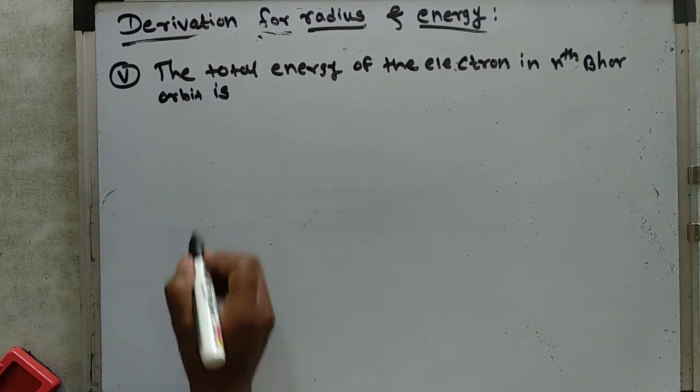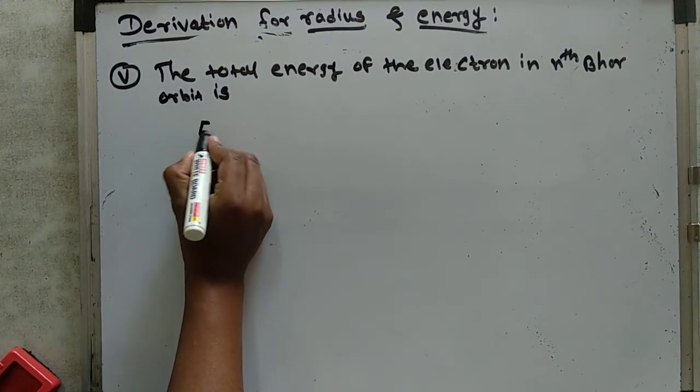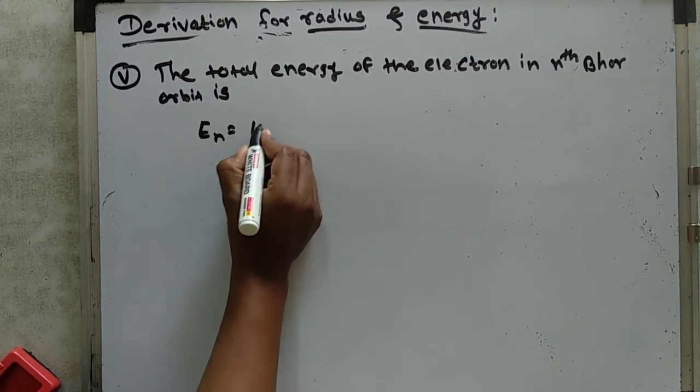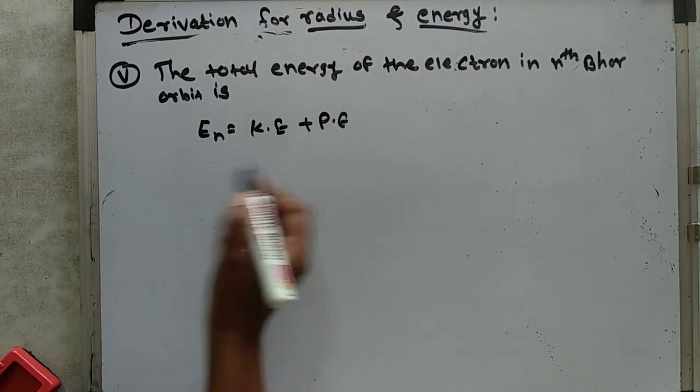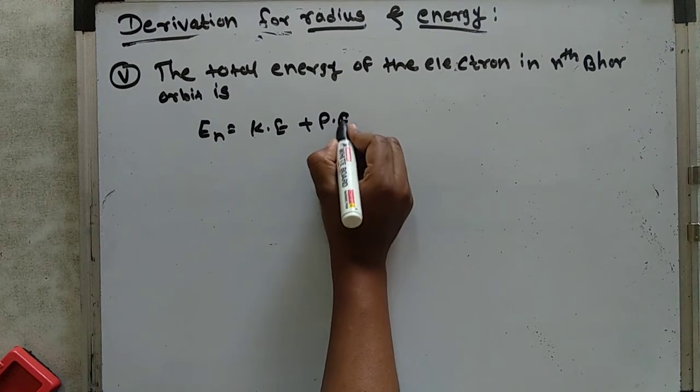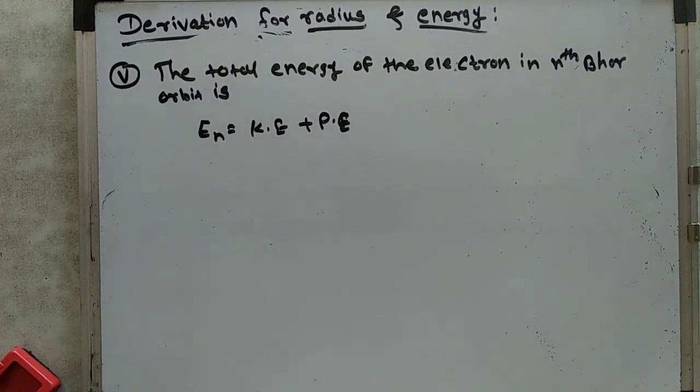En is equal to kinetic energy plus potential energy.